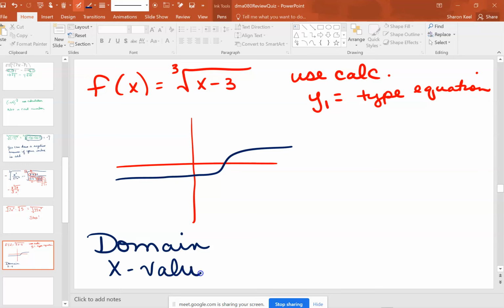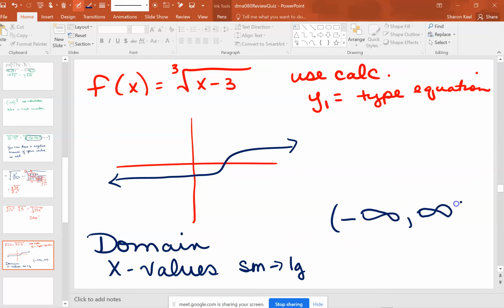So if I'm looking at my x values, and we always go from small to large, this goes off the page, and these x's go off the page. So my domain in interval notation is negative infinity to positive infinity. And with interval notation, we always use parentheses for infinities because there is no endpoint.